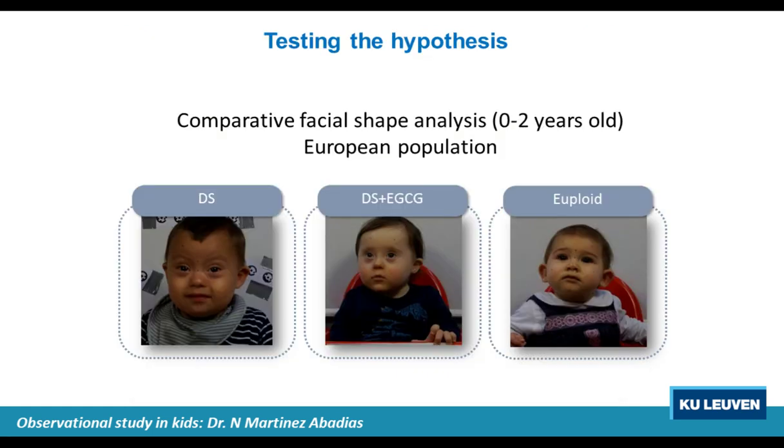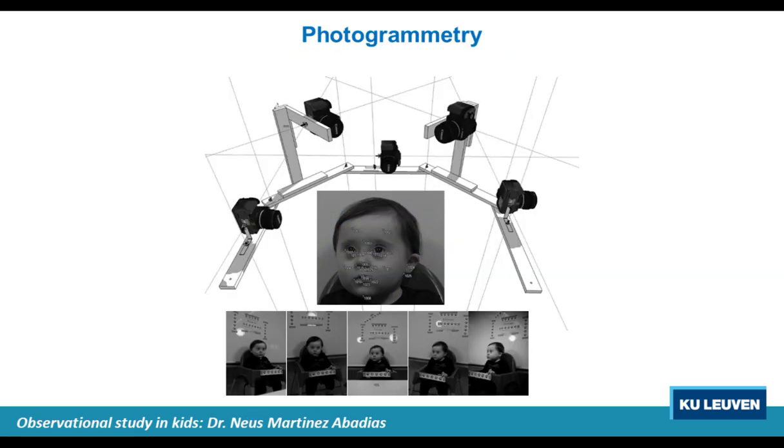And as I was there, she explained to me about her research, which is really about testing and comparing the facial shape of children with Down syndrome and normal children, and then children treated with the green tea extract therapy. And so this is how this is done.